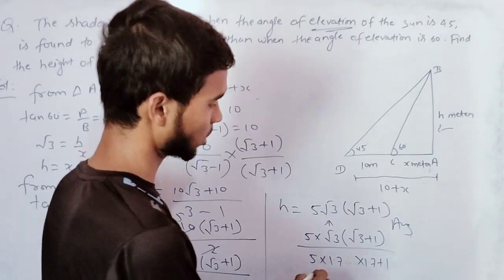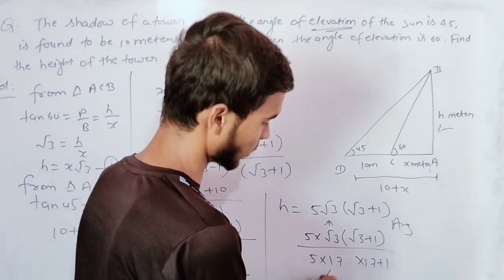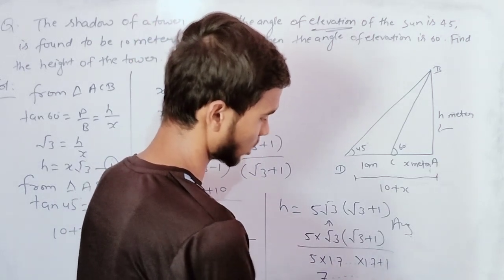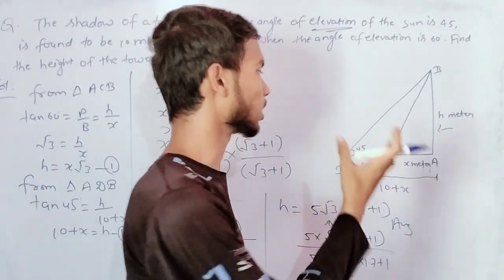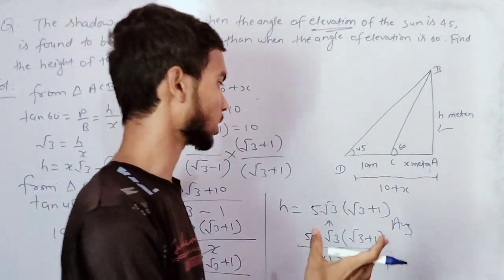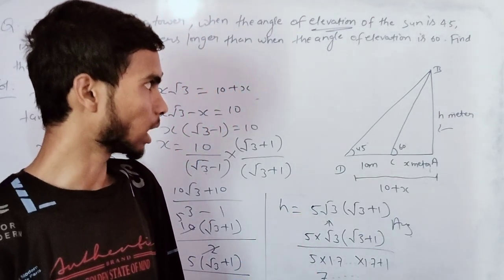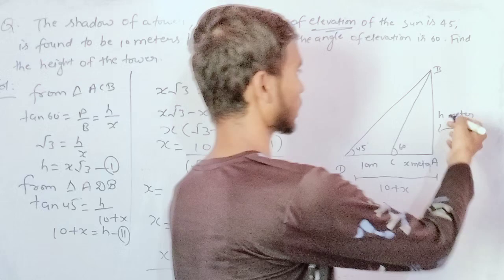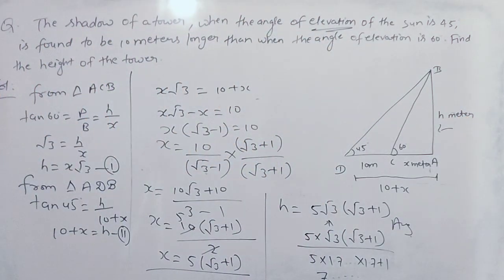It means you will get 7 point something or 8 point something. This is not a big number as you are thinking. It can be 7 meter, 8 point something, or 6 point something.